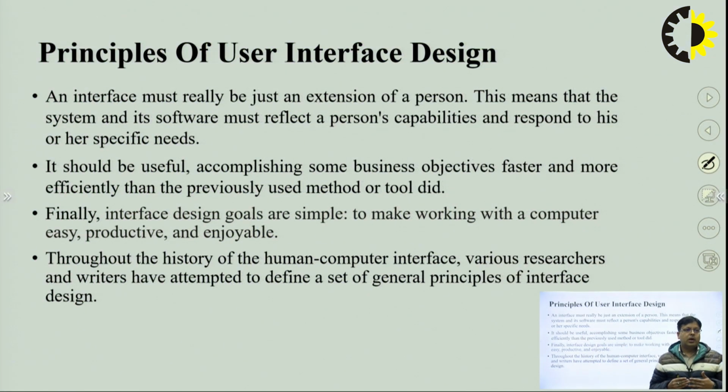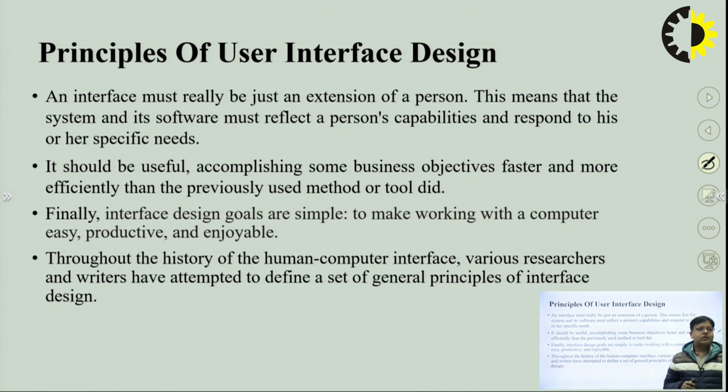So first and foremost thing that the designer and developer must follow is that the interface should be an extension of a human model. That means it must be as natural as it can be. A person's capabilities and responses must be incorporated in the interface, right? So that it should be useful and it may be able to incorporate various business objectives faster and in an efficient manner, right?